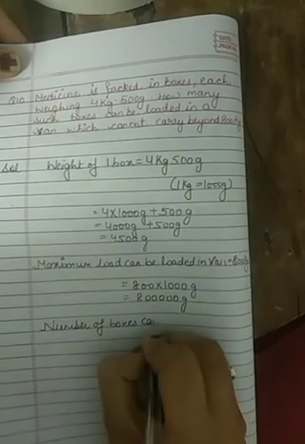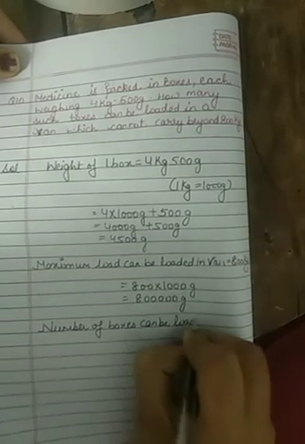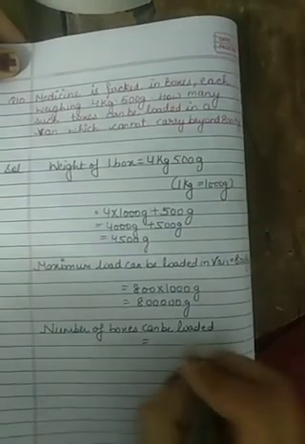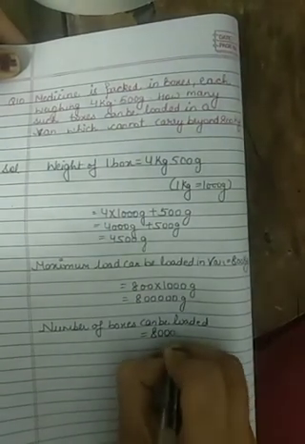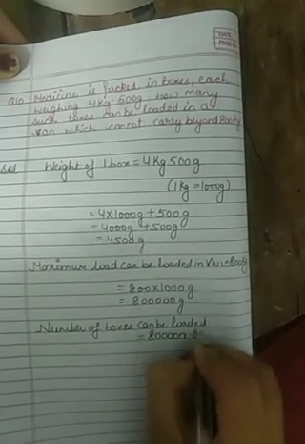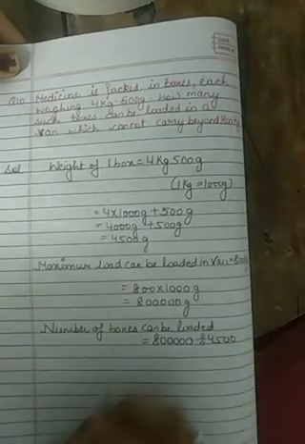Clear? The number of boxes that can be loaded is, whenever you find a number, you have to divide. Divided by 4500.